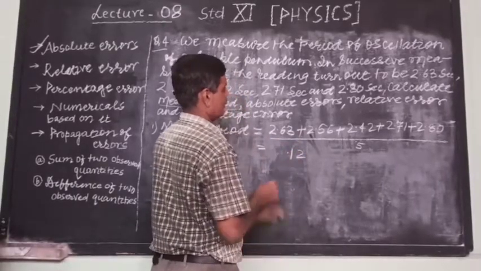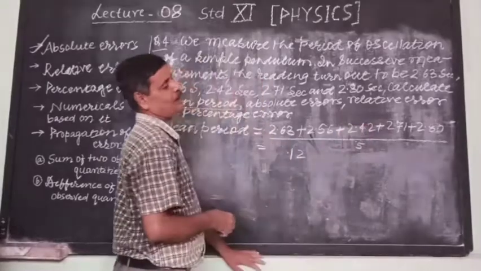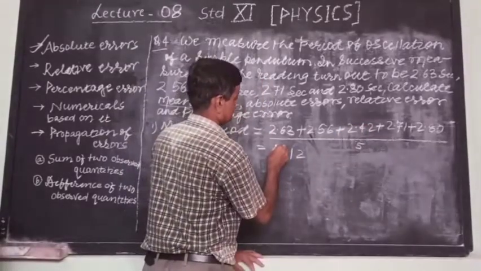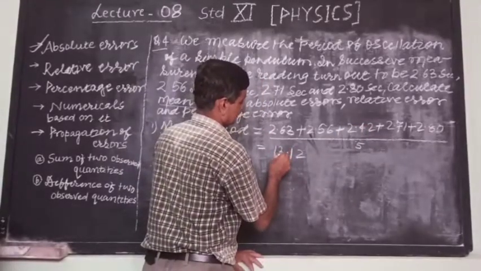3 remains. All are 2. 2 fives are 10, plus 3 is 13.